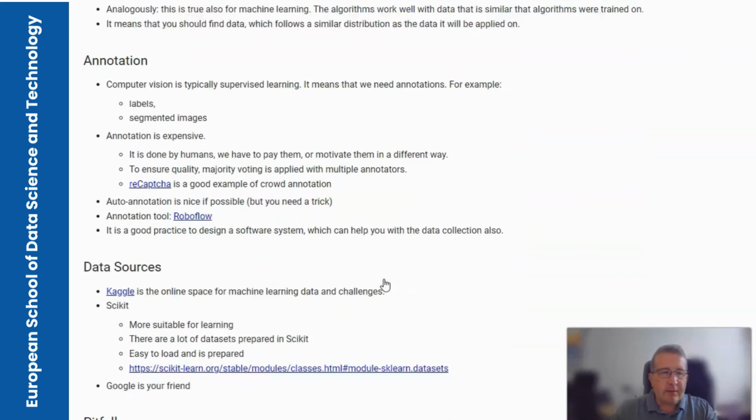And let's go to the next part, the annotation. Annotation means that you assign labels to the data. It's a long-lasting, very boring process. This is basically to generate a dataset which helps you to do supervised learning with your algorithms.